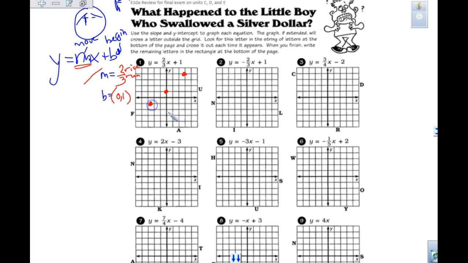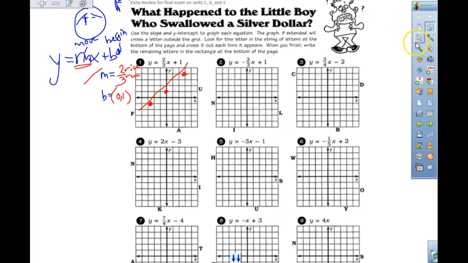And then I'm going to take my straight edge, and later in class you can get a straight edge if you are working on this, but most of you are going to be doing your Desmos activity. Then you are going to draw a nice straight line that goes through that, okay? When you use your straight edge, hopefully you're going to do a better job than I do when I'm drawing that. So we have something like this. And then we're going to see that it goes through a letter.